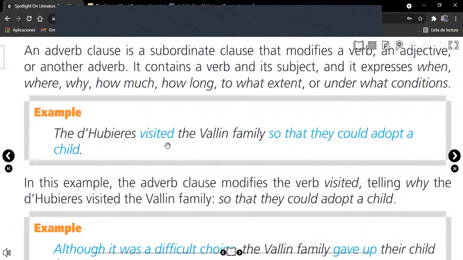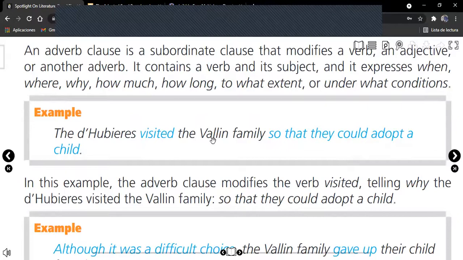It's not exactly modifying, but it's functioning as an adverb because it provides more information about the verb. The verb is visited, and so that they could adopt a son is like the reason why they visited the Balland family. Using the subordinating conjunction so that, you are expressing reason.